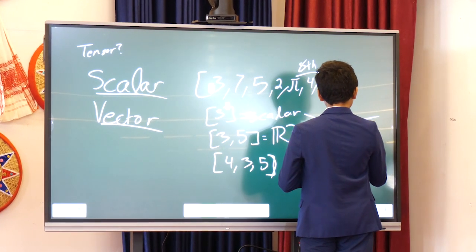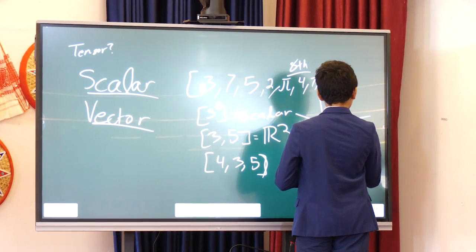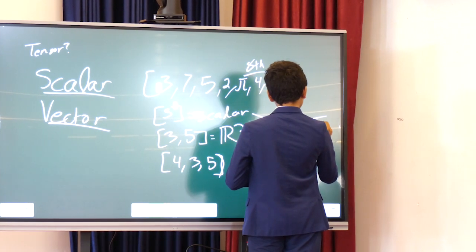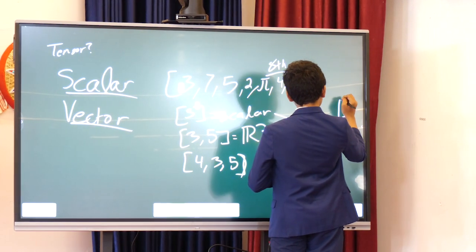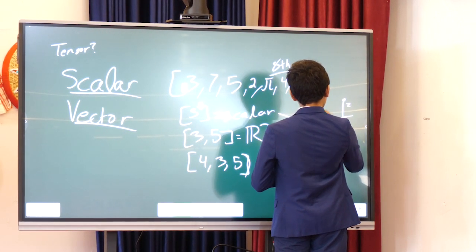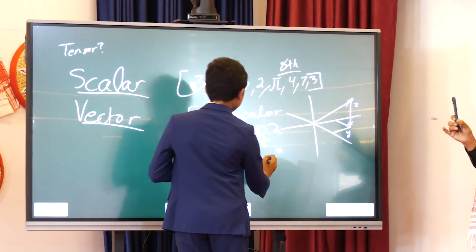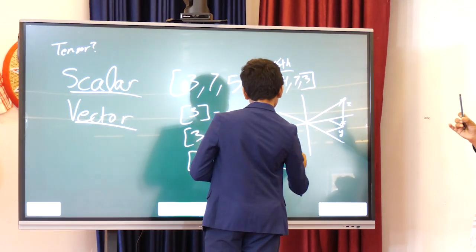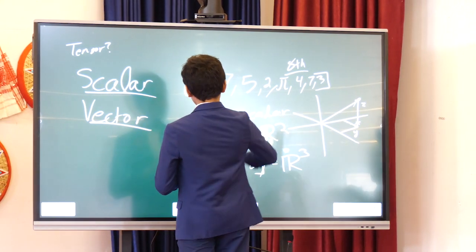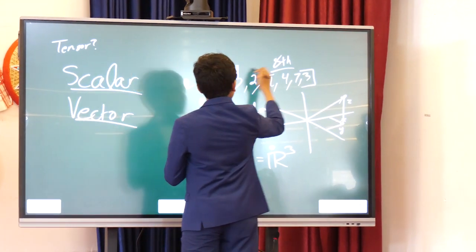You get the x coordinate, you get the y coordinate, and you get the z coordinate. And that's the vector. So, this can keep going past the 3rd dimension into any dimension we want.